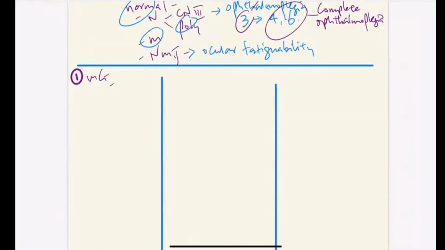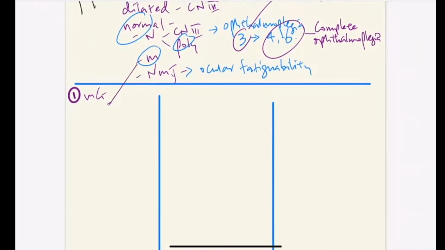So as you can see here, if the patient has left ptosis without ophthalmoplegia and there is ocular fatigability, then you should examine the bulbar system and later on assess the upper limb for proximal weakness and fatigability, and then examine the chest for scar, as we have described just now.